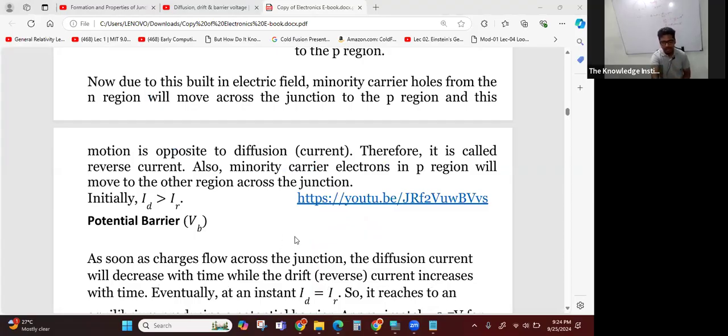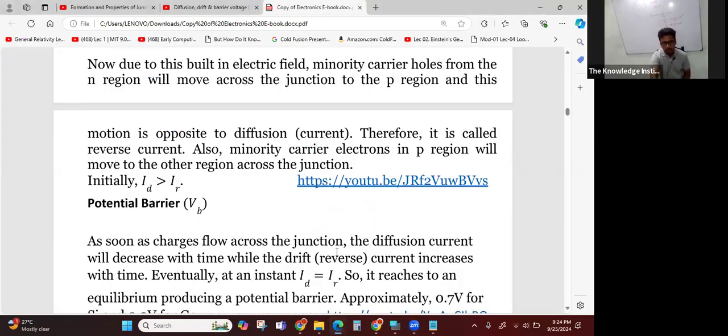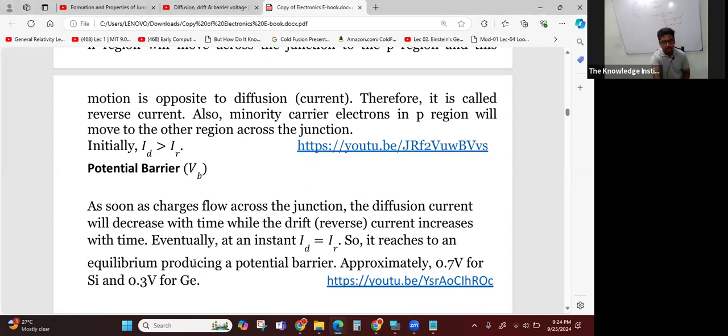Eventually, at an instant, ID will equal IR. So it reaches an equilibrium, producing a potential barrier of approximately 0.7 volt for silicon and 0.3 volt for germanium. Okay, so I think this is the video that we were watching.